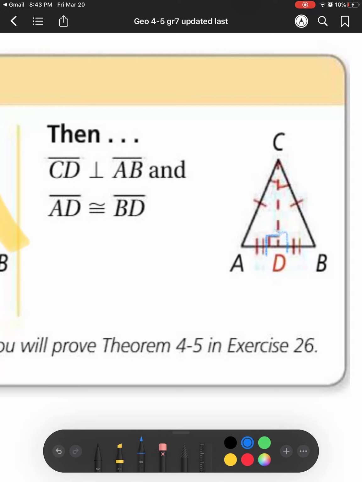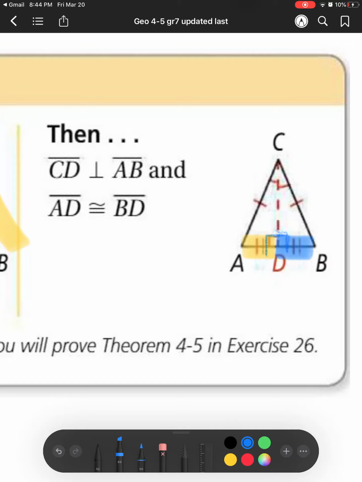This is 90 and this is 90. What else? That the side AD is congruent to DB. Why? Because CD is a bisector, and we took the word bisector from before, cut into equal parts. So AD, this side, is congruent to this side.